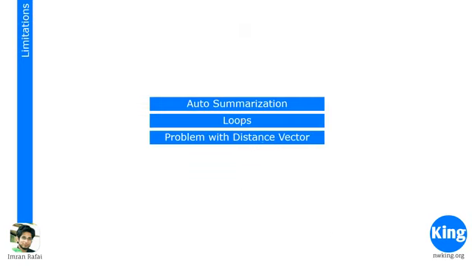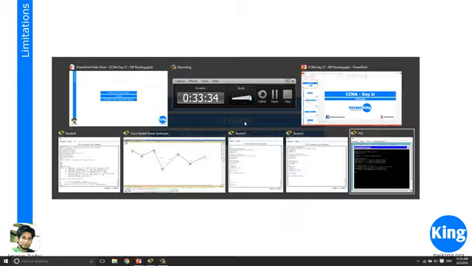Now let's look at the limitations of RIP. RIP has a lot of limitations. One of the main limitations is what we spoke about earlier, auto summarization.